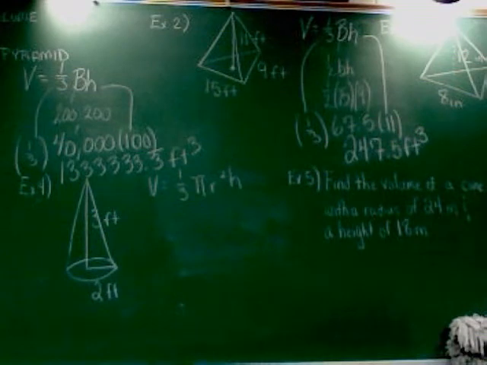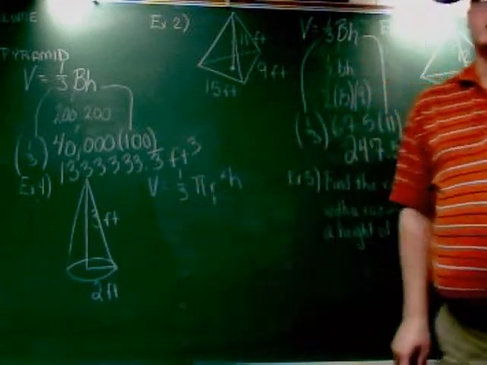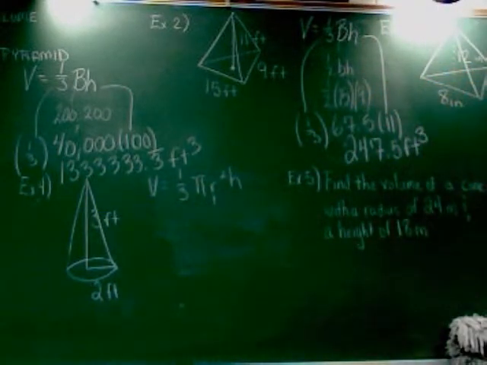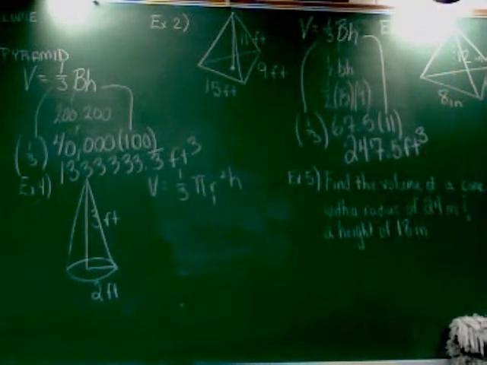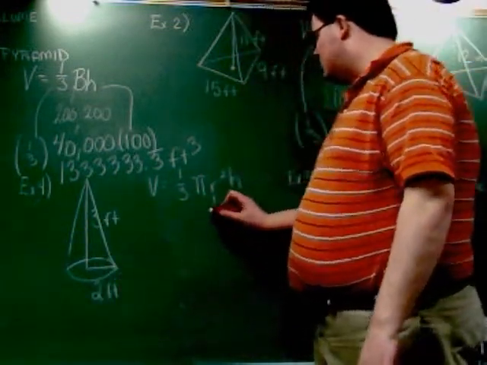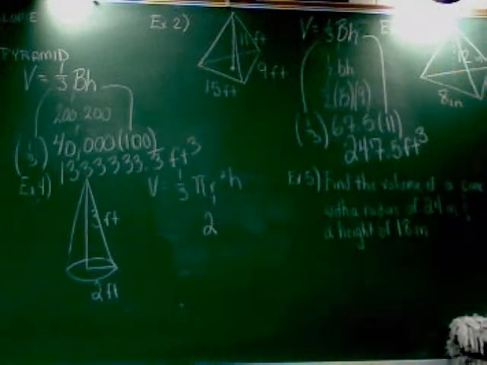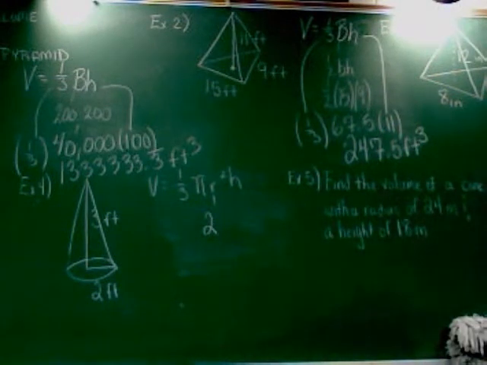All right, r squared. What's the radius of the cone as drawn in example 4? Kayla, I'm assuming you're not just giving me the peace sign, you're trying to give me an answer. 2. All right, the radius, the distance from the center to the edge, that's 2. And the height of the entire cone is going to be what, Corinne? 3.